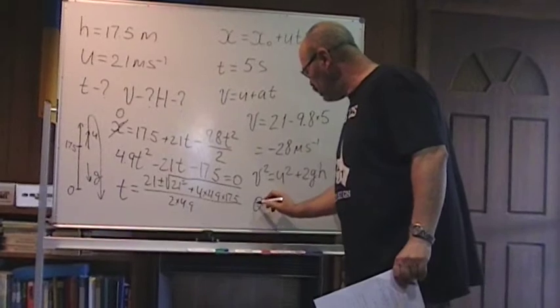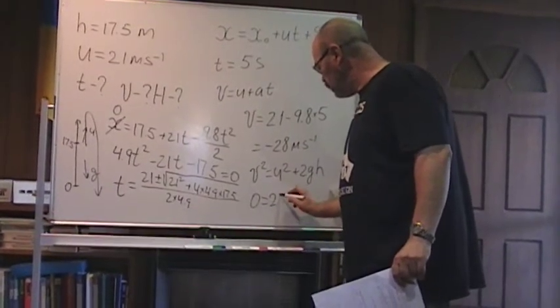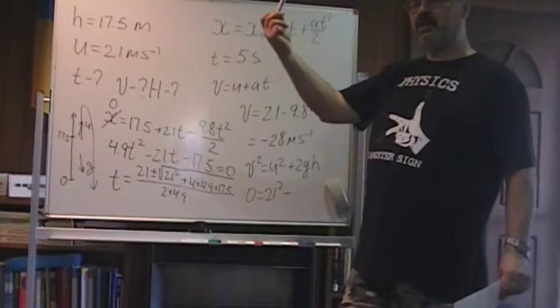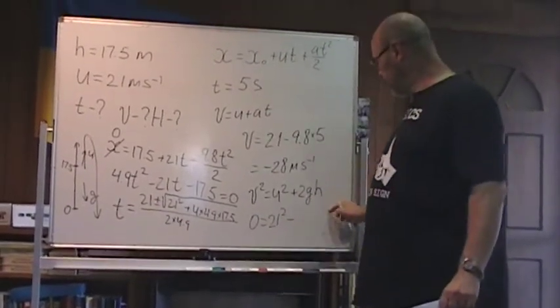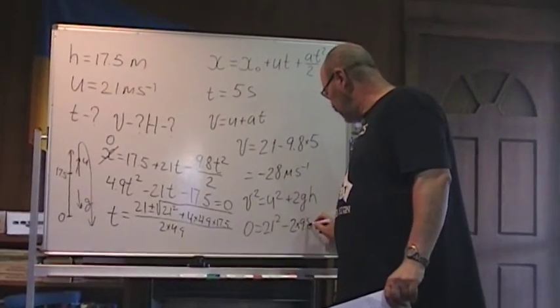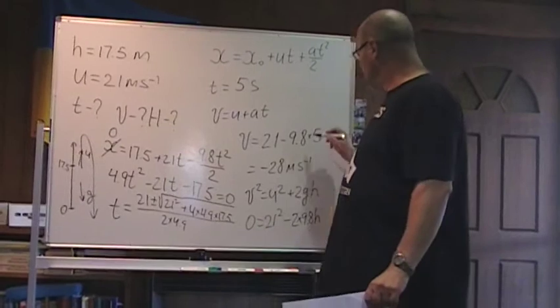So we have 0 equals initial velocity 21 squared minus, because again initial velocity is up and acceleration due to gravity is down, 2 times 9.8 times height.